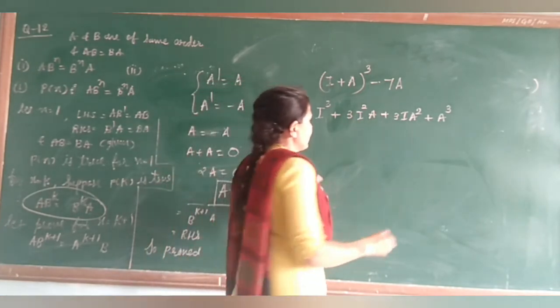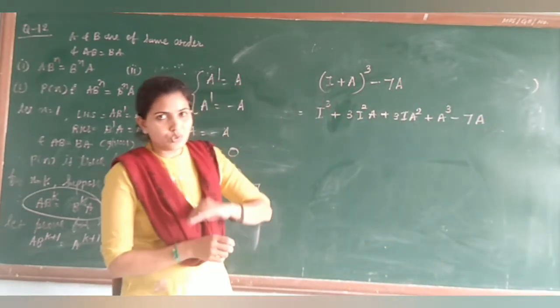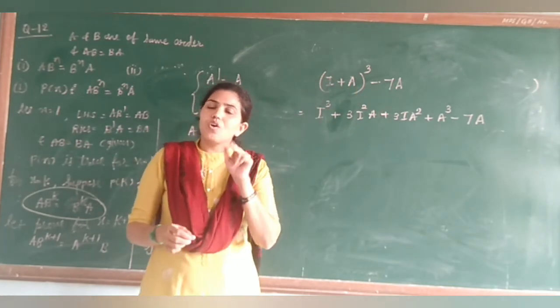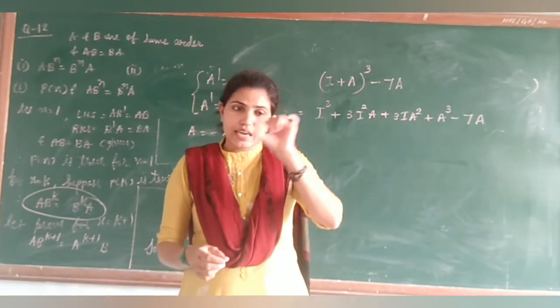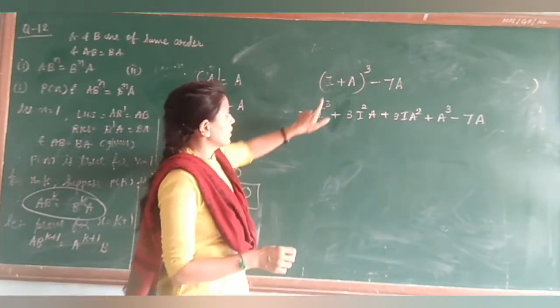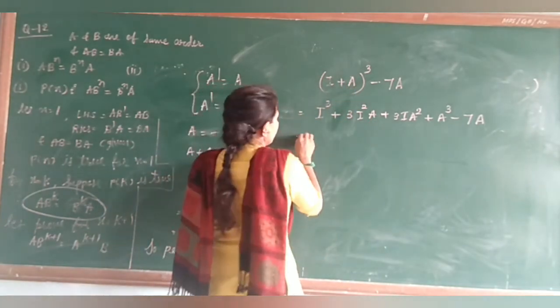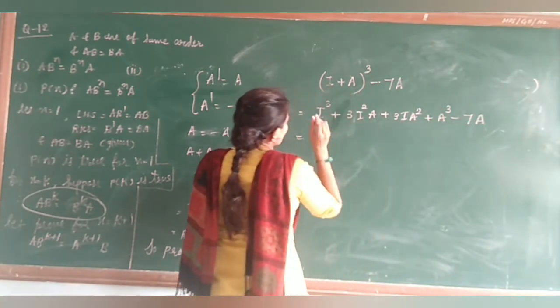Minus 7A. Actually, when it is an identity matrix, there is no problem. But when it is A and B, in that case the order is much more important, the sequence in which you write, whether it is AB or BA, will change your answer. That's why whatever is written here, you write in a similar way. So now it is I cube plus 3I square A plus 3I A square plus A cube.